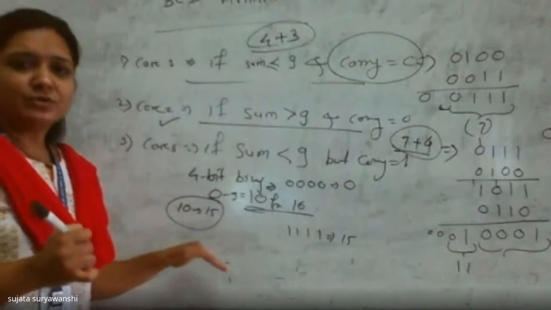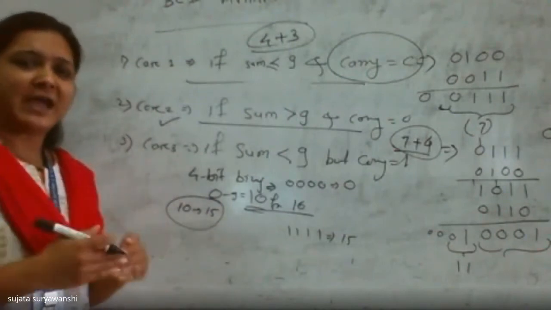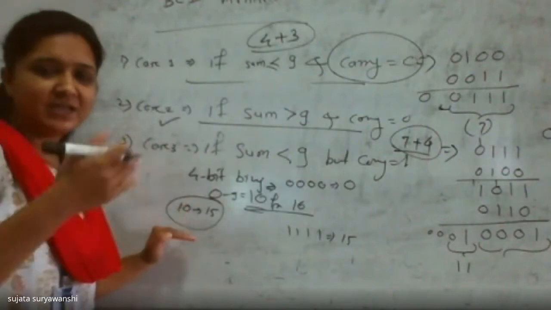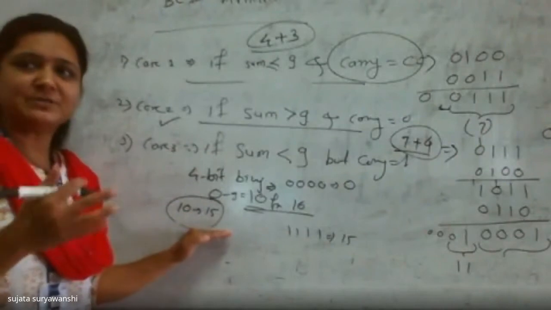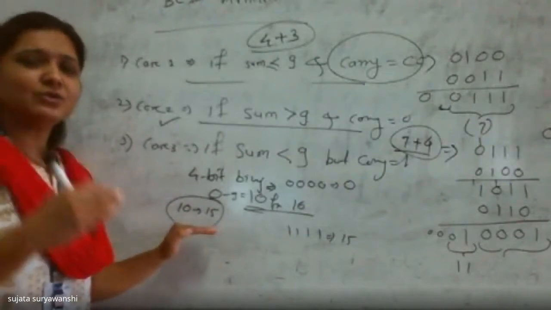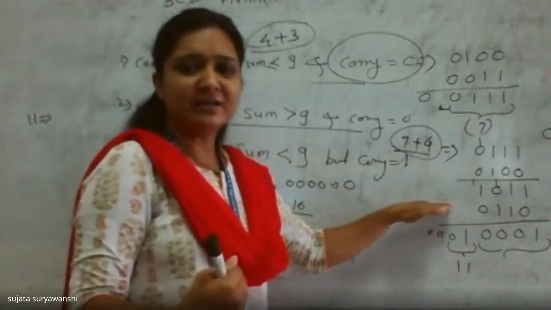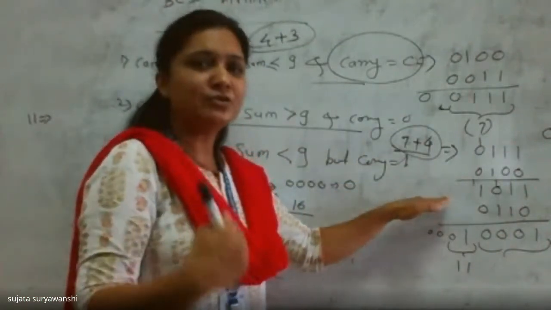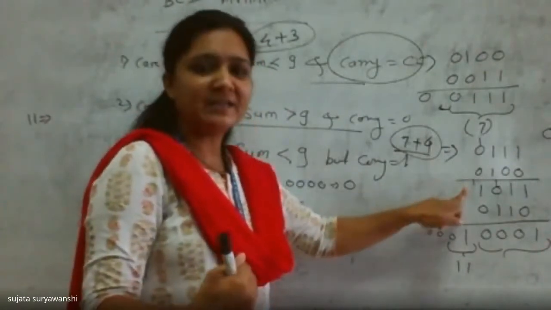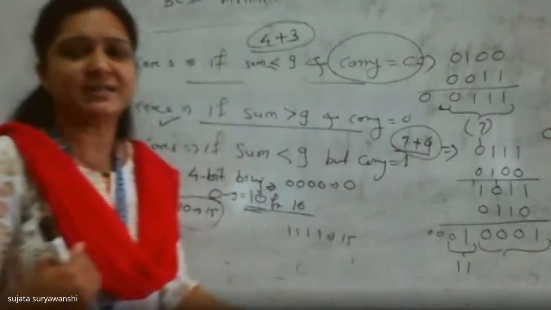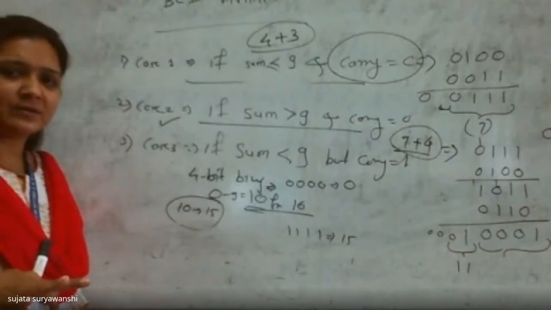So to get your result in the valid form, you have to skip those invalid combinations. 10 to 15 means a total of 6 combinations are there. So you have to add 6 to your result to get it in the true form of a BCD number. That's why I am adding 6 to your result to get it in the true BCD format. Understood or not? Yes?